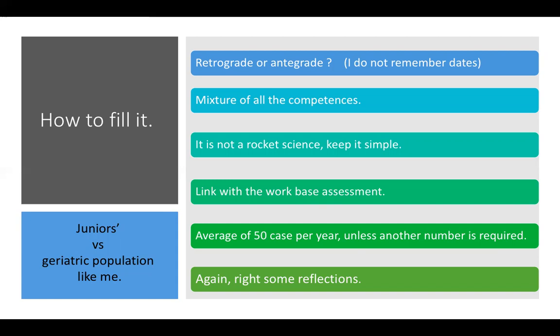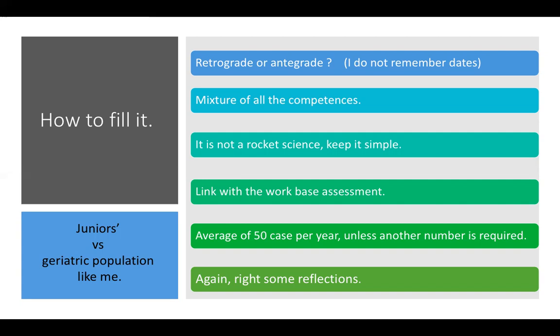Coming to the elderly like me, if you have been practicing medicine for 10 or 15 years, and you decided, yes, I need to apply for a specialist registration, and you need to trace your evidence. This is difficult, to be honest with you guys, difficult, but it's not impossible. So what you're gonna do is try to find out about your rotas, try to contact the IT, and from your memory call back the interesting cases, and you put them in the logbook.